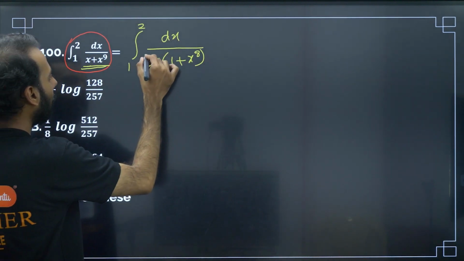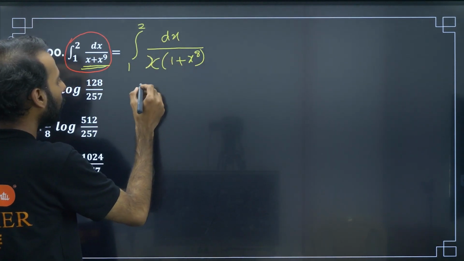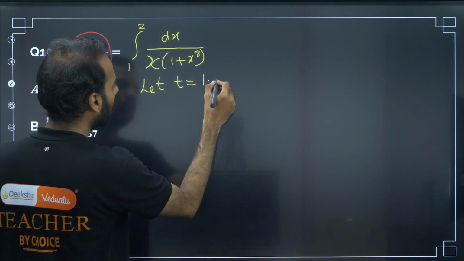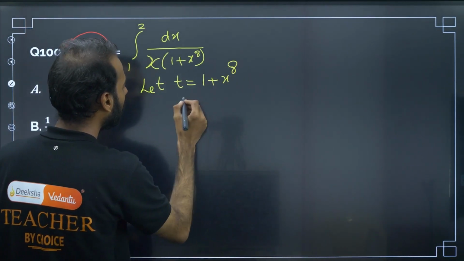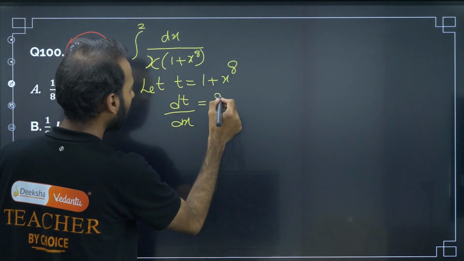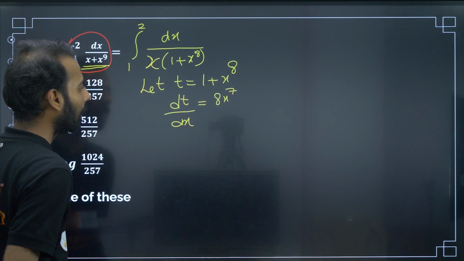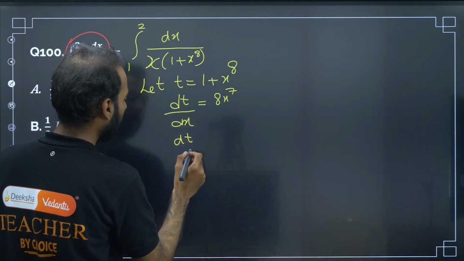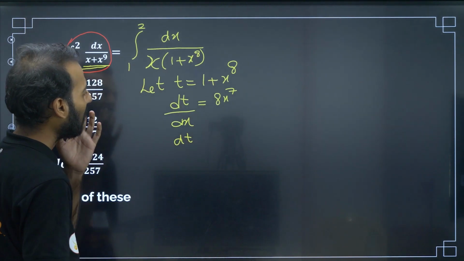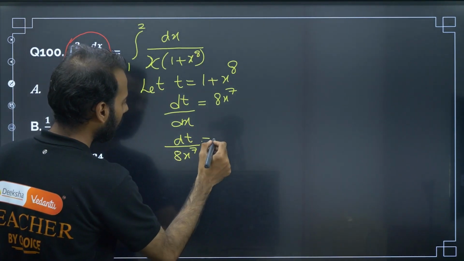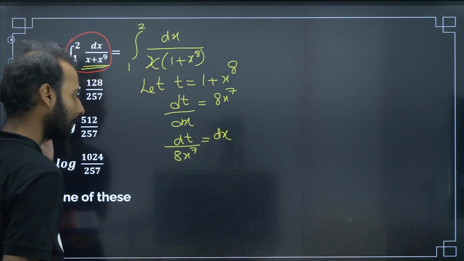Now again there is no direct ready-made form, so I have to go for substitution. Let t is equal to 1 plus x to the power 8. dt by dx is 8x to the power 7. So dt by 8x to the power 7 is dx.